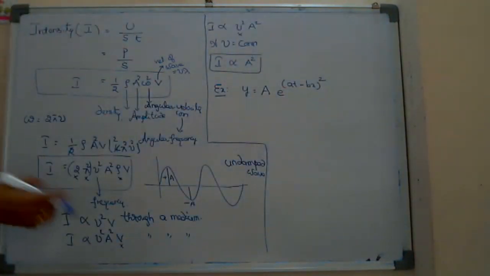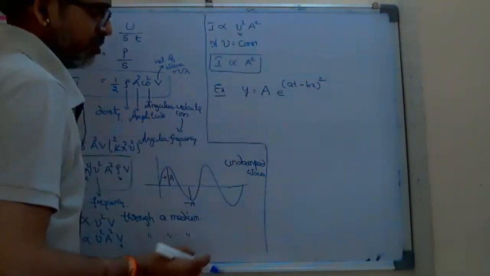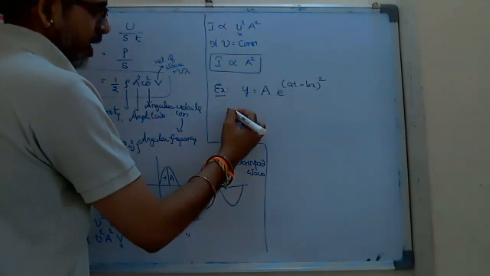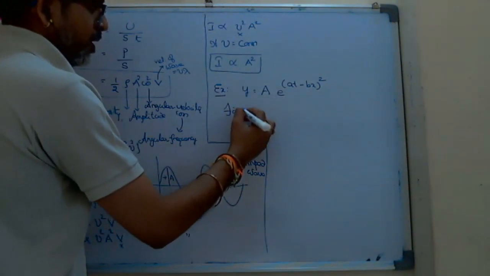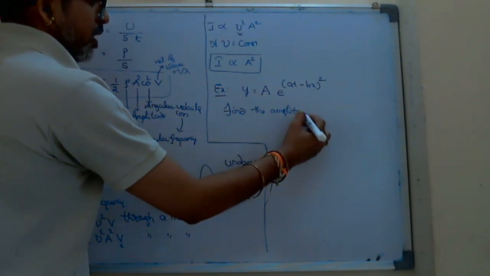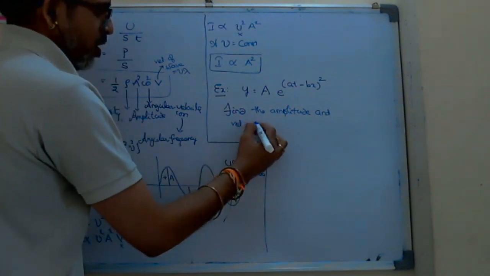This is the displacement given in exponential form. In this case, suppose I ask you to find the amplitude and the velocity of the wave, not the velocity of the particle, the velocity of the wave.